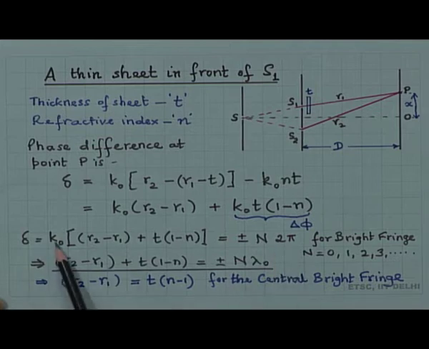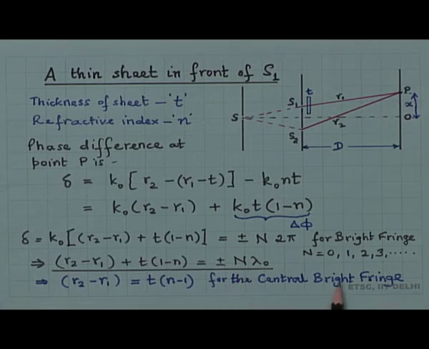In other words, if we write k0 as 2 pi by lambda0, then the 2 pi cancels on both sides, and we have R2 minus R1 plus t times (1 minus n) is equal to plus or minus N lambda0. N is the order of the fringe.